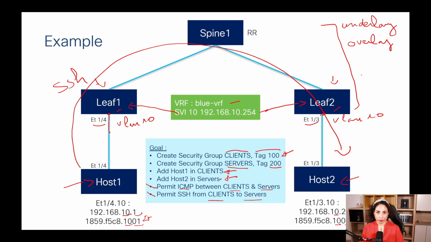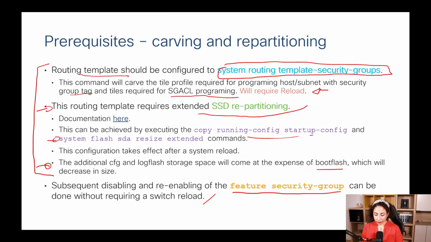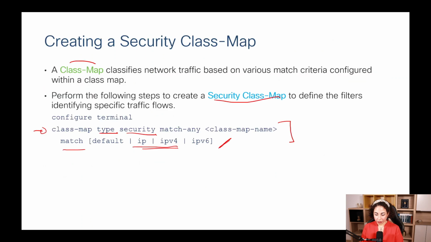Any other traffic must be denied. For example, we will be testing a telnet from host 1 to host 2. It will be denied. And if we initiate an SSH from host 2 to host 1, it should be dropped as well if our configuration is done properly. Okay, so let me go back to my slides and then let's go to the lab environment.